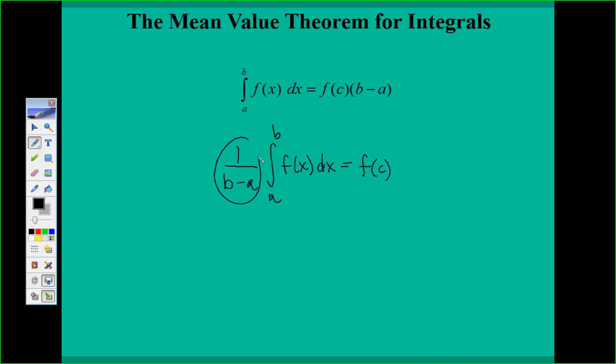Well, if we simply multiply both sides by b minus a, we would have the integral of f of x dx equals f of c times b minus a. And that is our mean value theorem for integrals.